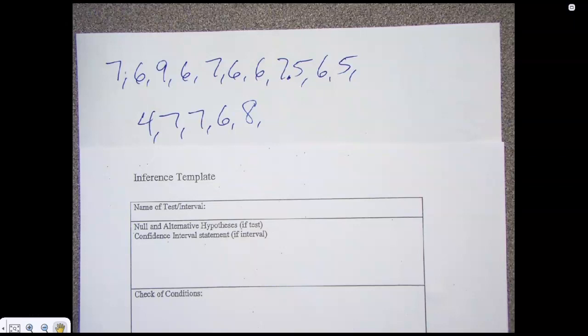So I think there's 15 numbers. Get those in, and then I'm going to show you how to use the data thing, and then I'm going to have you write the confidence interval essay based on that.